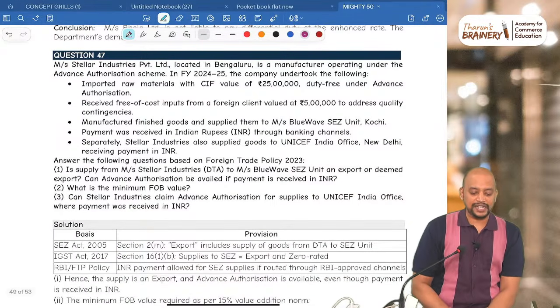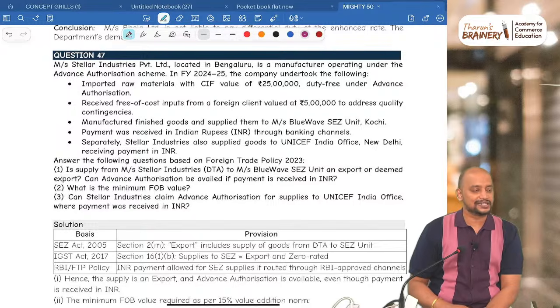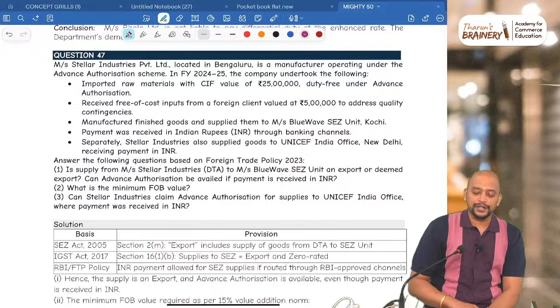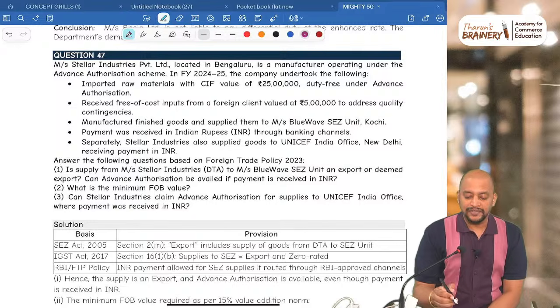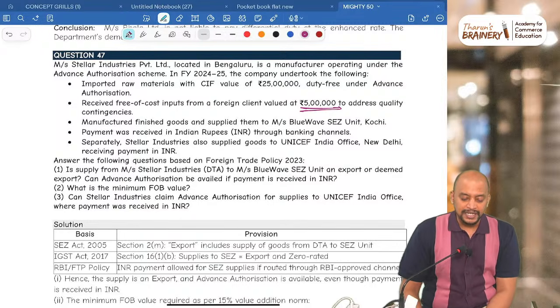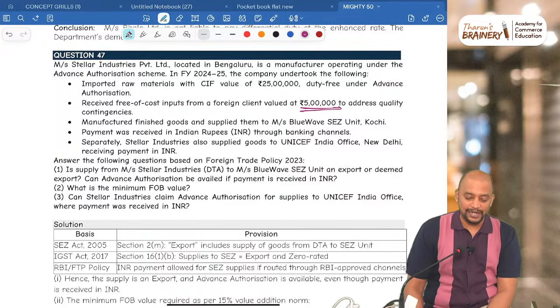Then question number 47. Messrs. Stellar Industries Private Limited, located in Bengaluru, is a manufacturer operating under the Advance Authorization Scheme. In financial year 24-25, the company imported raw material worth CIF 25 lakhs duty free under advance authorization, received free of cost inputs from a foreign client valued at 5 lakh notional value, manufactured finished goods and supplied them to Blue Wave SEZ Kochi.